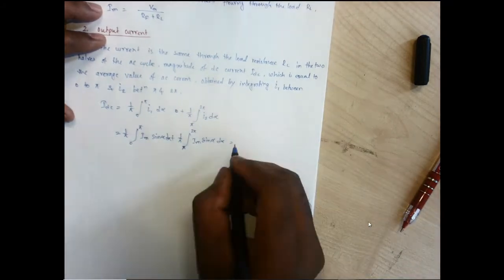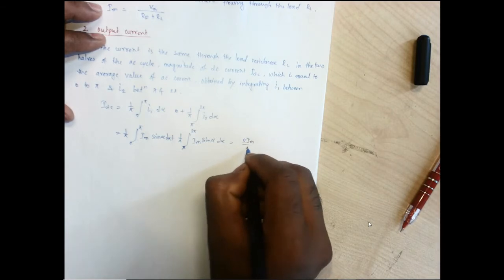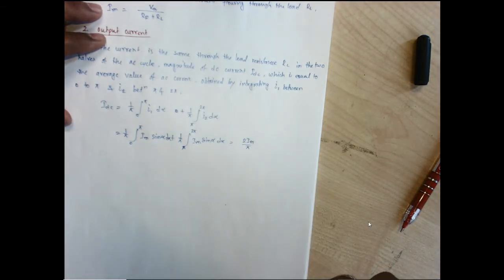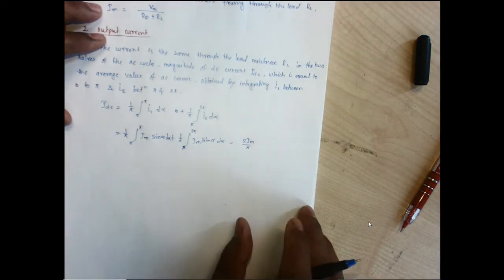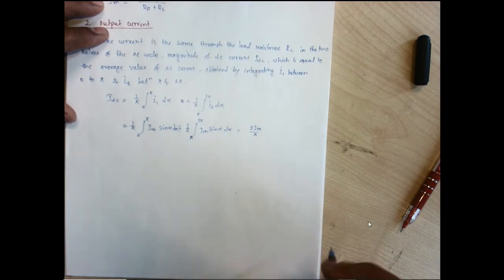The integration comes out as twice Im by pi.